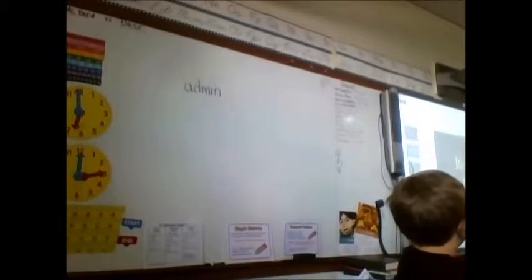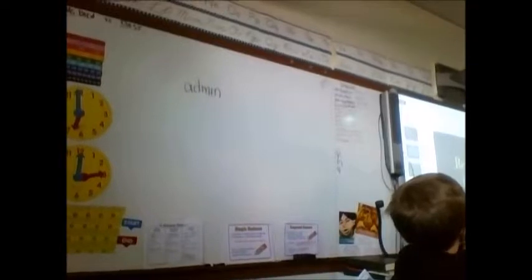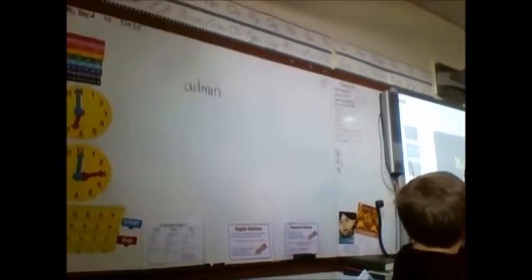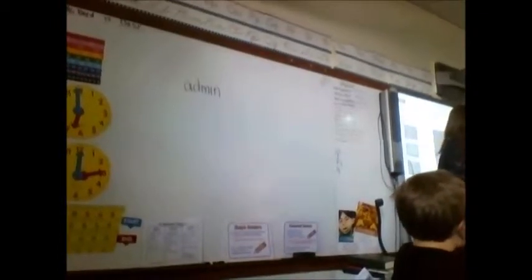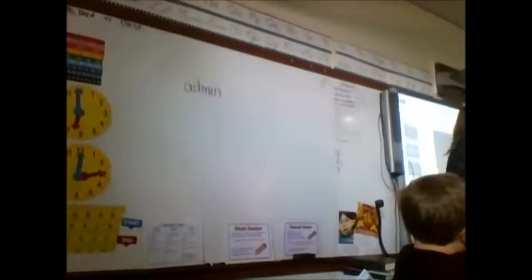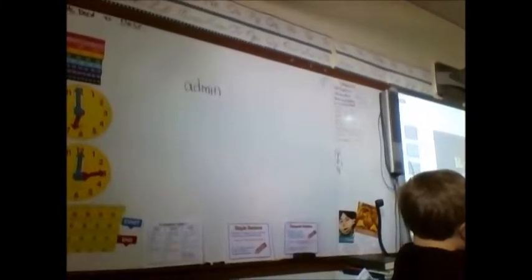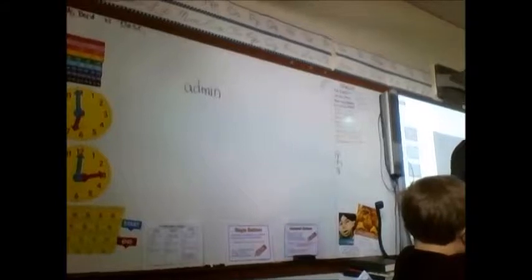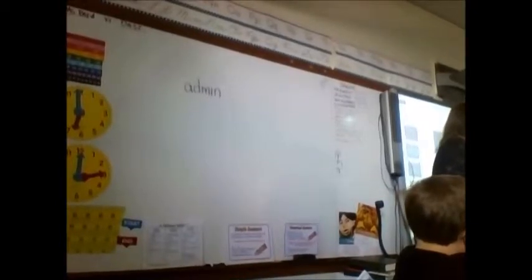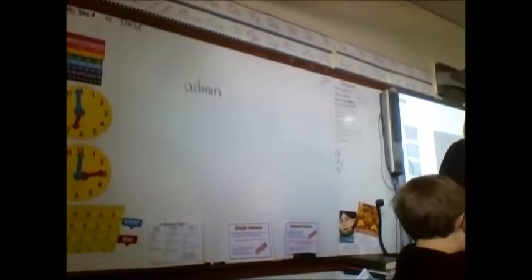So if you're writing poetry, you might want to say cute, but you need a different word that sounds better than cute. You would look in the thesaurus and find a different word, like beautiful or adorable. And the dictionary is another research book, a reference book.